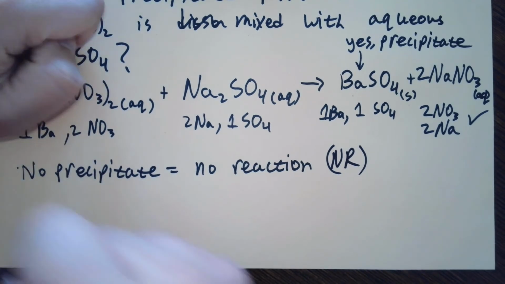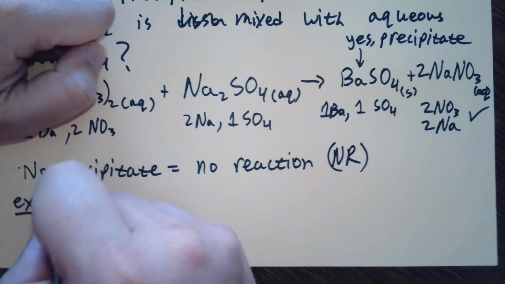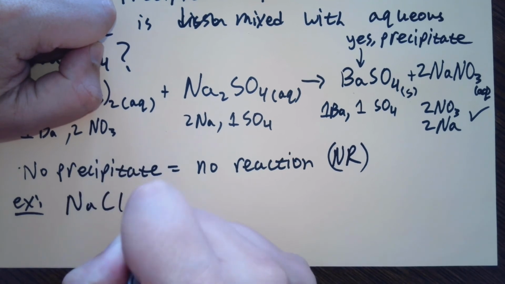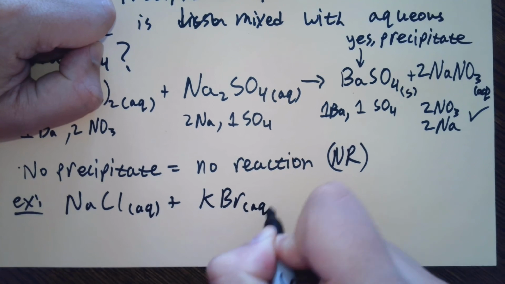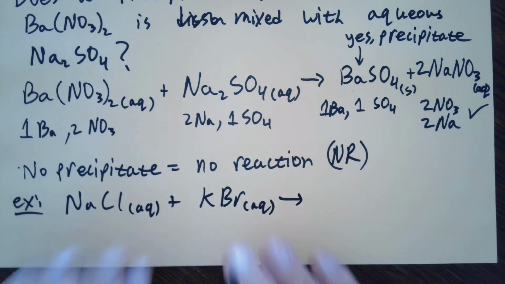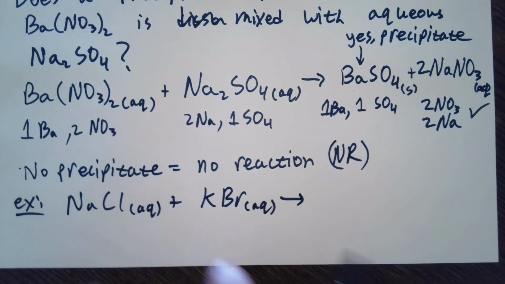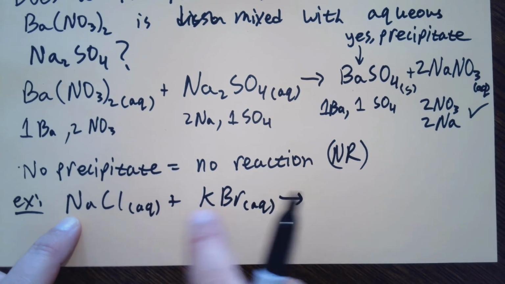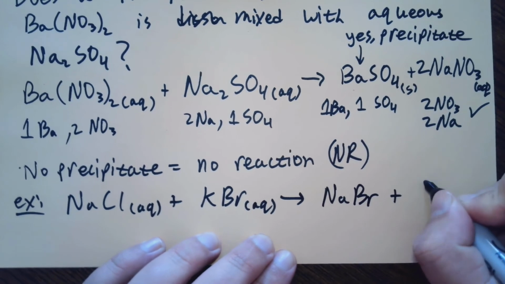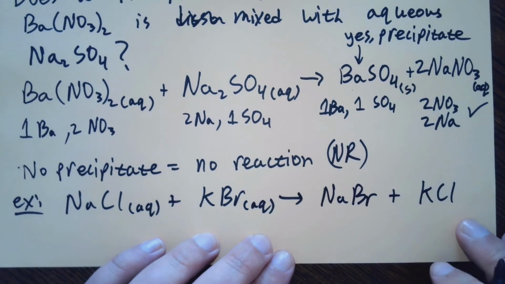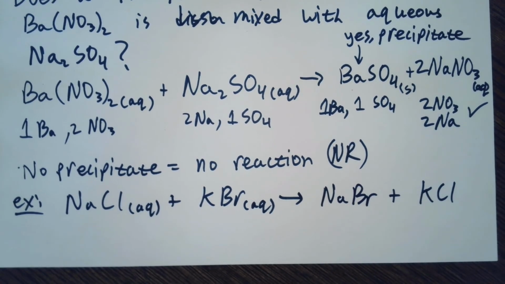So if we put these two together, I do the switch. So I go NaBr and then KCl. And this is balanced because it's all 1-1.